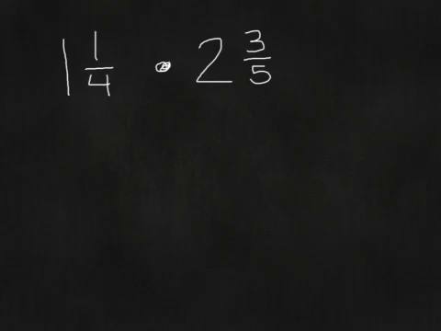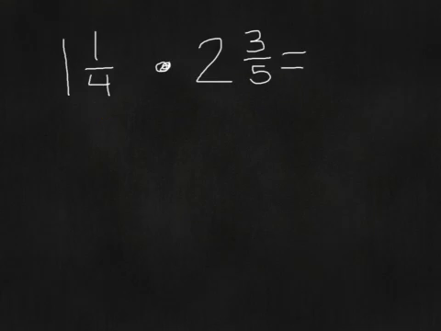If you're scared by looking at this problem, that's okay. We're going to do this one together. The first thing I need to remember to do in a case like this where I have two mixed numbered fractions, a whole number and a fraction, is to remember to put them into improper form first.